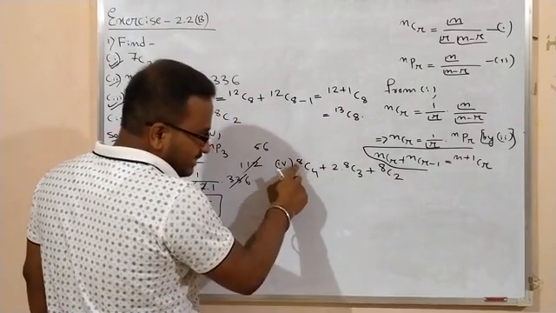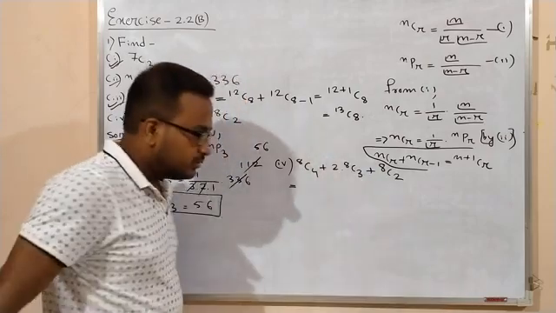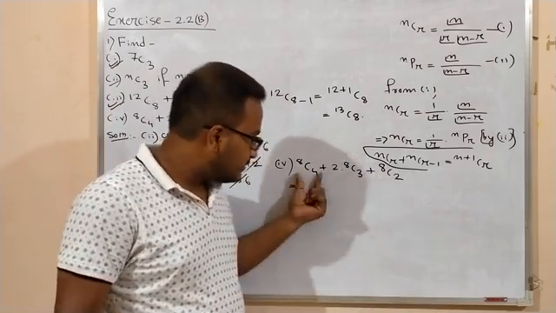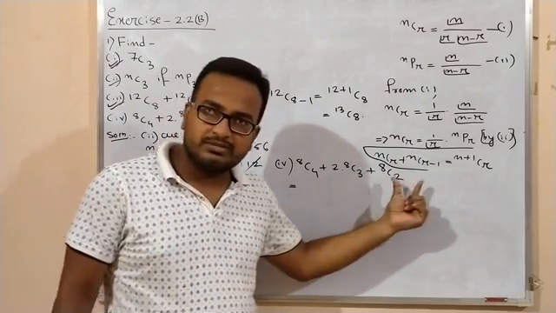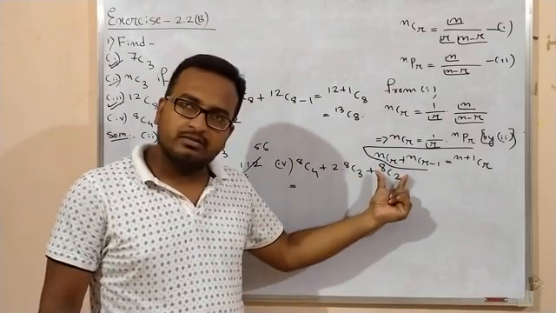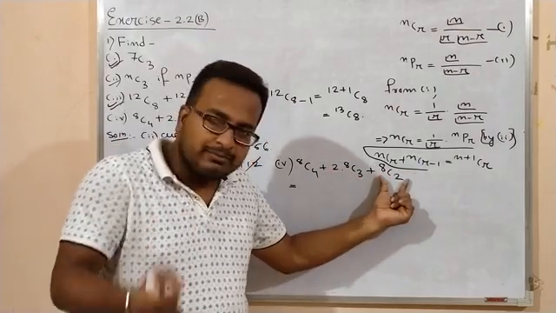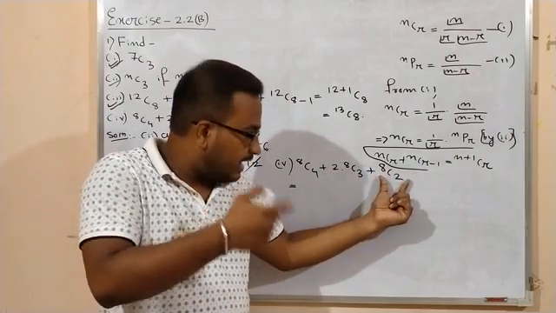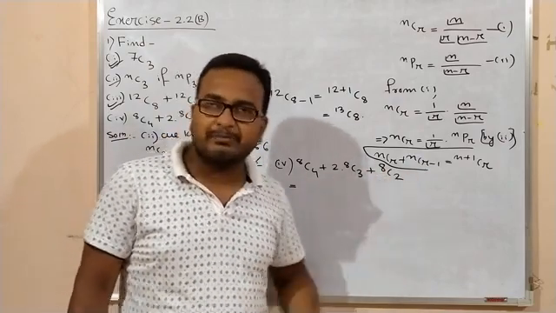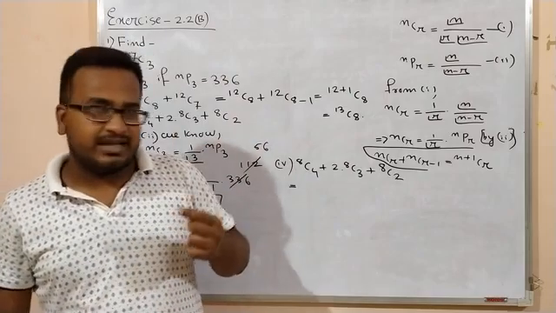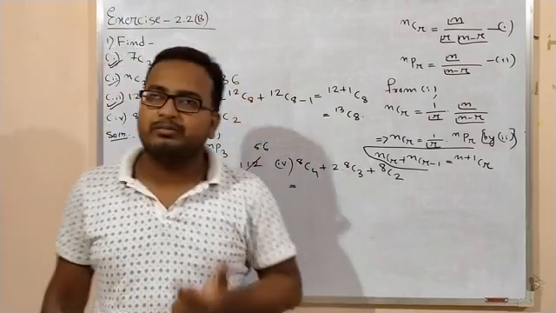Now you see, this is 8C4 and this is 8C2. So can you relate these two terms by any property of combinations? Yes, we can. We have learned that one property is there, complementary combination.